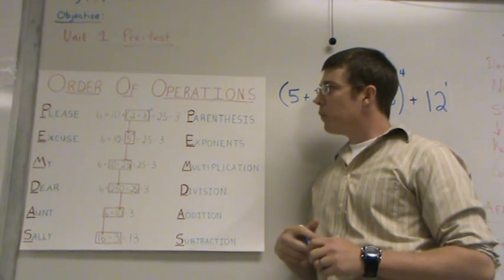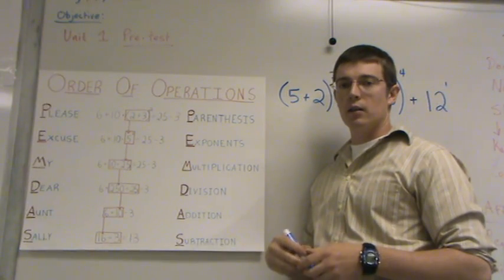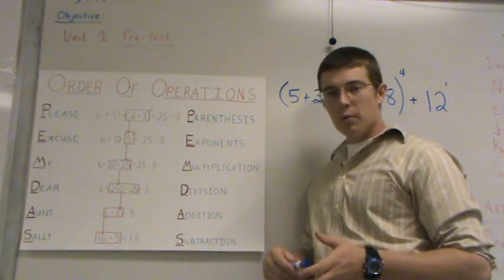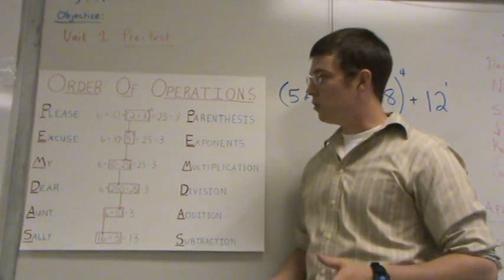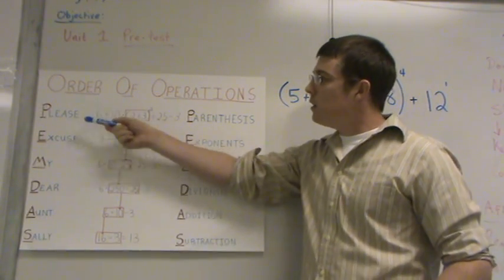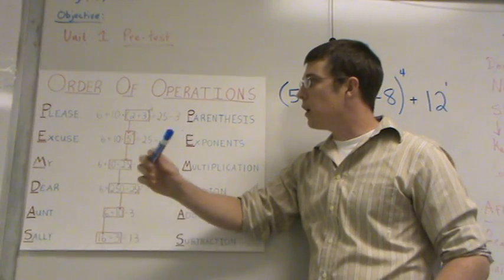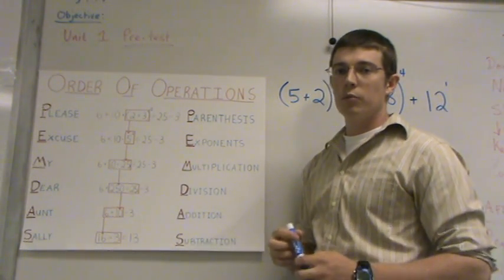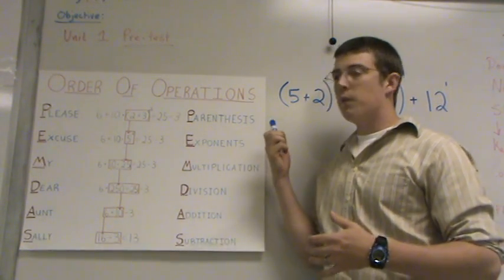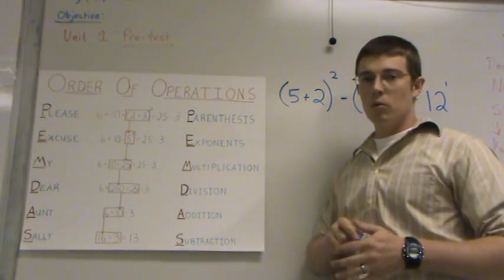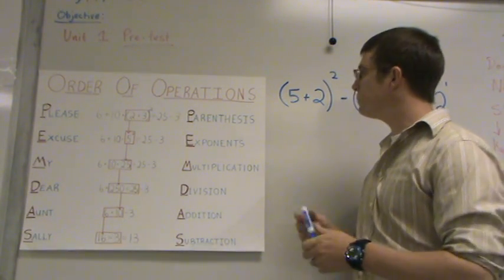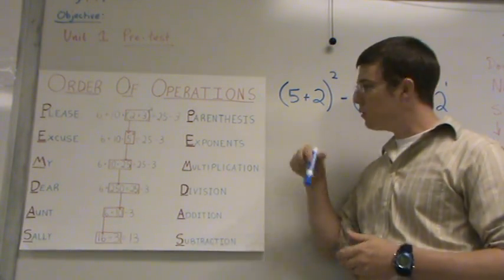Now the order, we have a little cute way of reminding us the order, and you've probably heard it several times whenever you were in school. We still use it. Please excuse my dear Aunt Sally. And the very first letter of those words helps us to remember what they stand for. And we follow that order anytime we solve a math expression. P stands for parentheses.